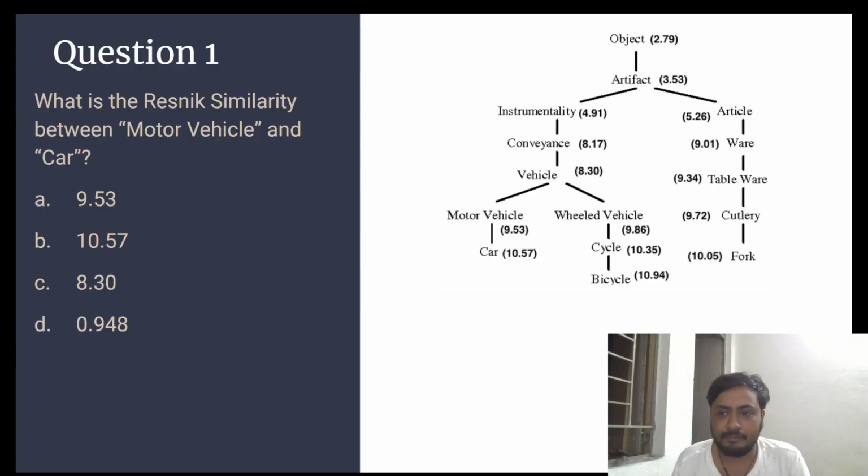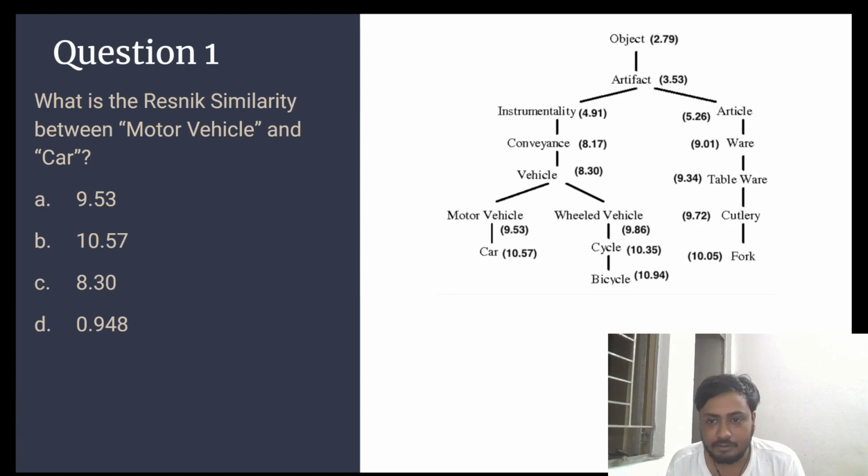All right. As you know, these are the hypernymy and hyponymy trees, which denote which is a hypernym of what, and so on. The question is based on Resnik similarity: what is the Resnik similarity between motor vehicle and car?